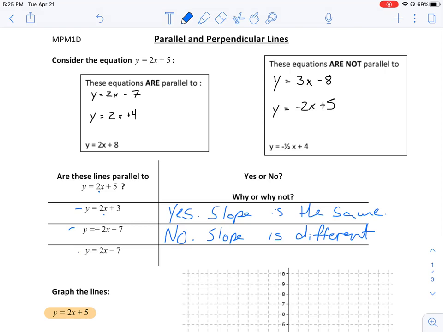And our third one, y equals 2x minus 7. Again, is the slope the exact same as up top here? Yes, it is. And for that very reason, yes, because the slope is the same.